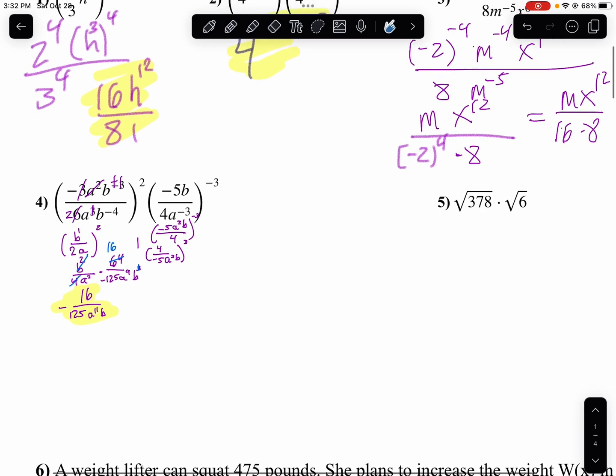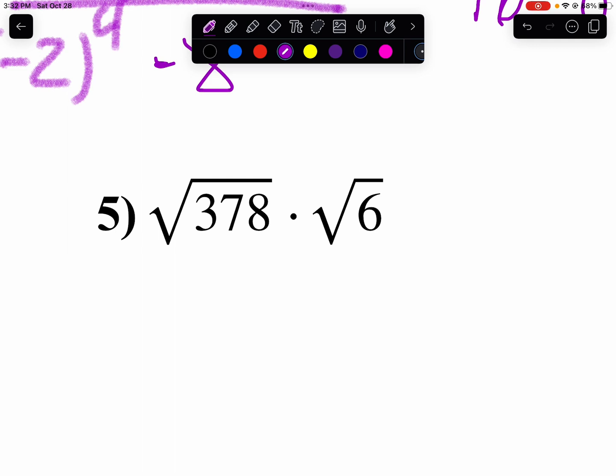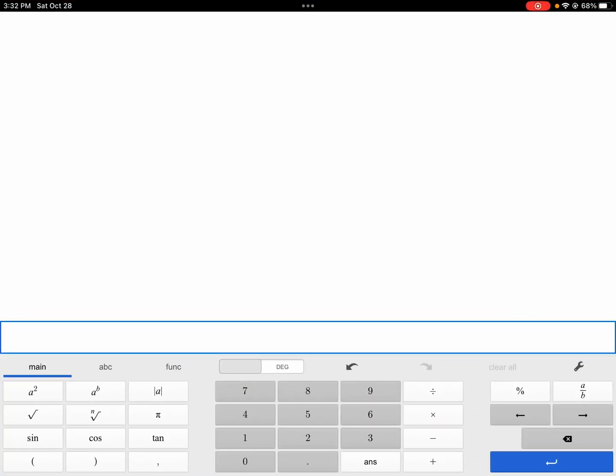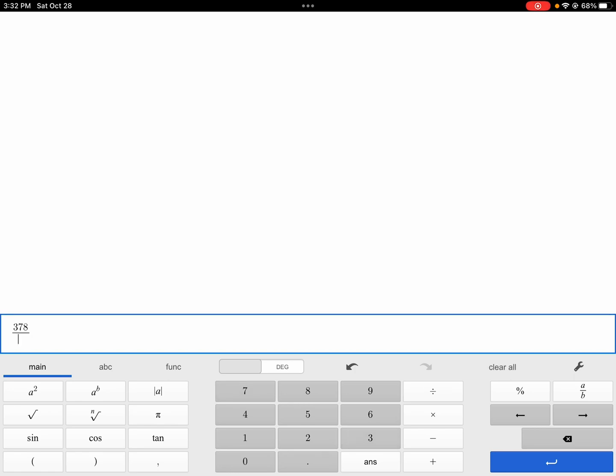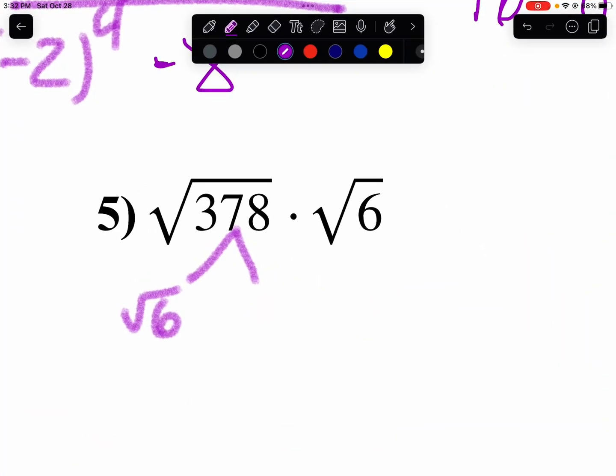Okay, on number 5, I'm going to make a factor tree. But I think what I do when I make my factor tree, I've noticed I've got that 6. I wonder if 6 goes into 378. And I'm just guessing. It would make things nicer if it did. And we get 63, don't we? So it's the square root of 6 times the square root of 63.